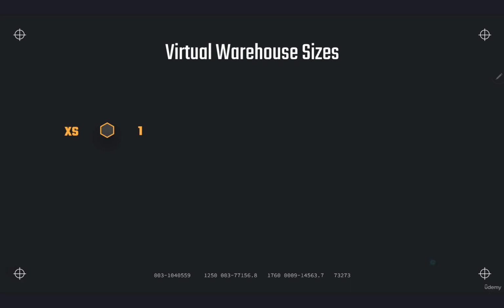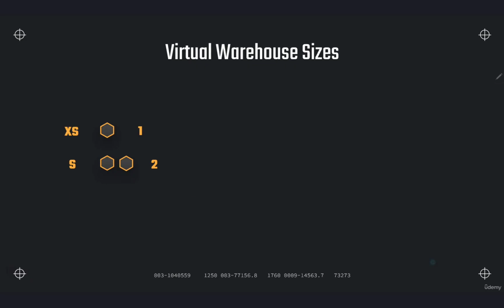For example, we have the size extra small, this is the smallest, that consists of 1 compute node. But if we have some more complex tasks, some more complex queries, we need more compute power and we can increase the size of a warehouse. So then we have 2 compute nodes, and like this we also now have 2 credits consumed per hour.